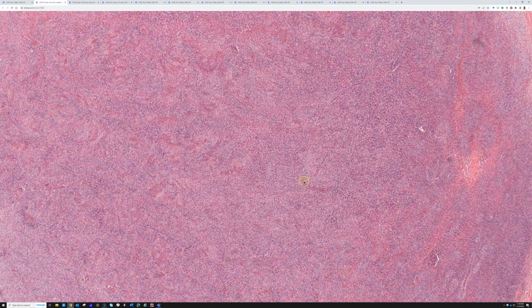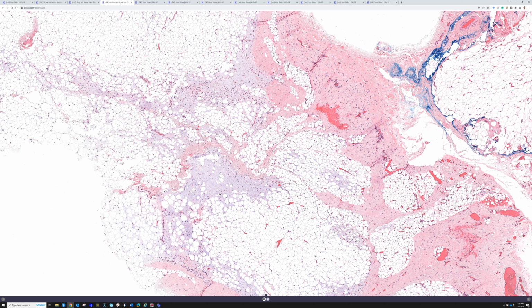So if I have any doubt, I do molecular testing, and you would find a rearrangement of FUS fused with DDIT3, which is the most common fusion in myxoid liposarcoma. A small subset have an alternate fusion of EWSR1 fused with DDIT3.